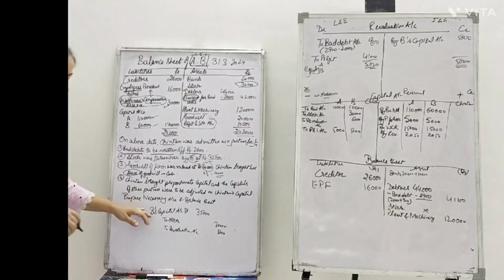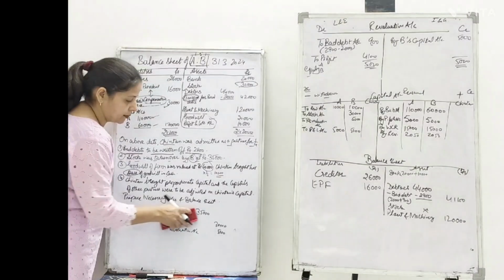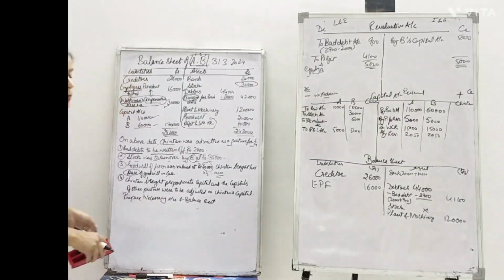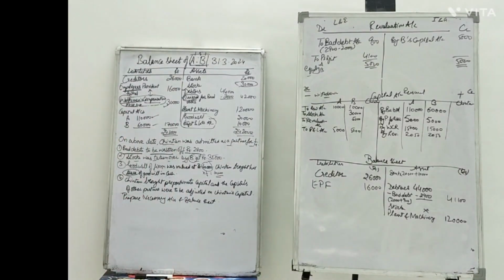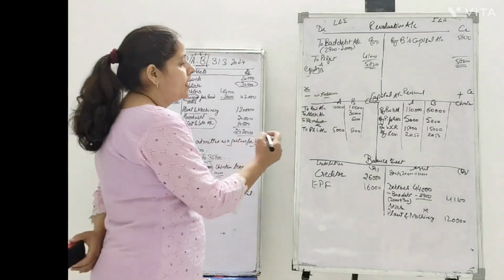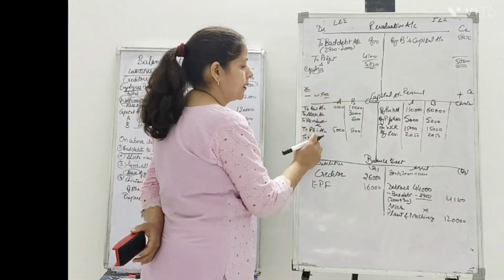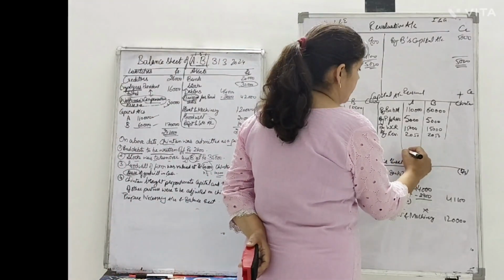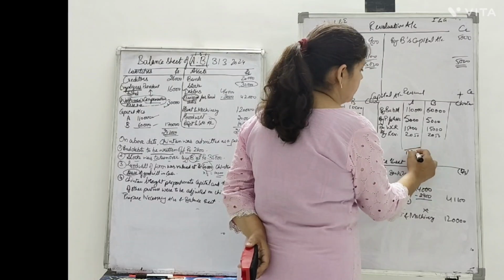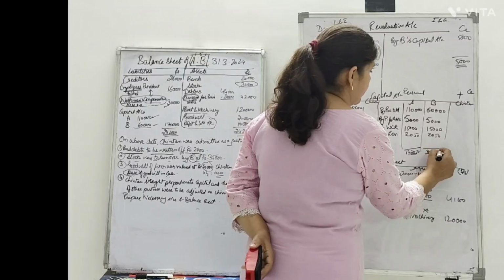Now in the question he is asking me for a capital adjustment regarding calculation of proportionate capital. Now how to calculate the proportionate capital? I have already told you that to calculate proportionate capital you will take the closing balances of A and B's capital accounts. So making a total over here, it gives you 122,050, and making a total over here, it is 82,050.